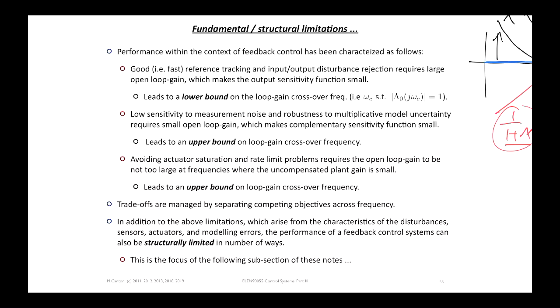So what we've been doing over the last couple of lectures is moving on from thinking about just the stability of a closed loop system towards thinking about performance and in particular potential limitations on what might be achievable. Okay. So within the context of feedback control, we've been thinking about performance in terms of the shape of the sensitivity functions across frequency, okay?